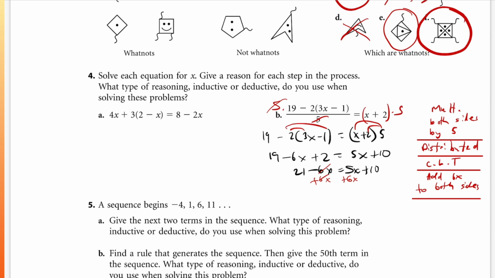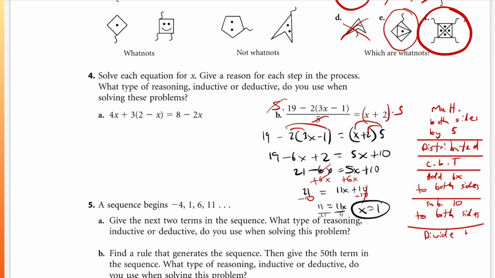And now we have, subtract 10 from both sides. And lastly, you're going to have 11 equals 11x. Divided by 11, x equals 1. So we divided both sides by 11. All right, so that's pretty much it for that one.